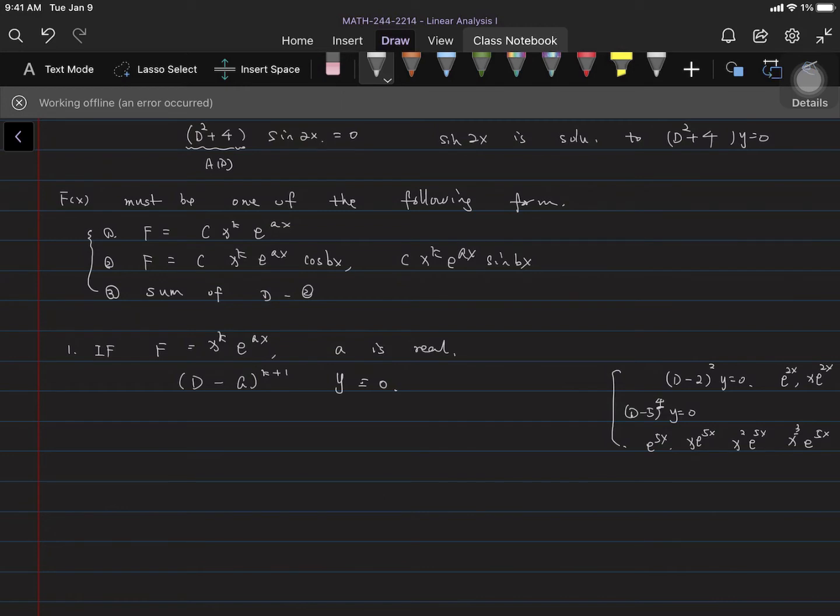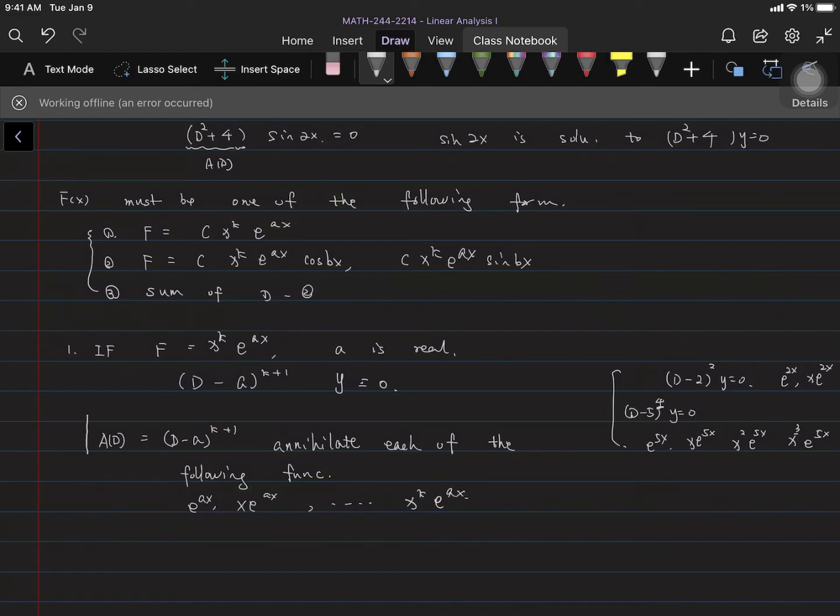Let's see. The annihilator AD equals (D minus a) to the k plus 1. Evaluate each of the following functions: e to the ax, x e to the ax, and x to the k e to the ax.